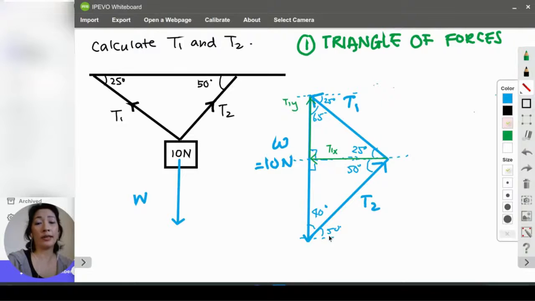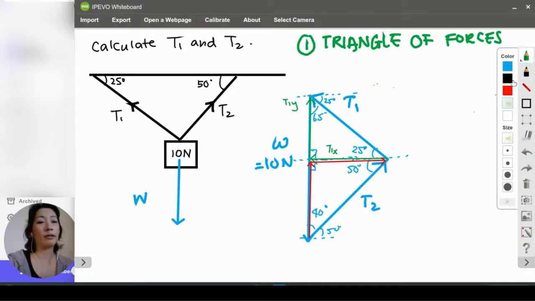Now we're going to work on T2. So T2, let's keep the triangle on the inside here. So T2, this is the y component, and this would be the x component. So I'm going to label that here. So T2x and T2y. In addition to writing all the x and y labels, it would also be useful if you could write down the formula for the force resolution. That means if it's T1x, this would be T1 cos theta.